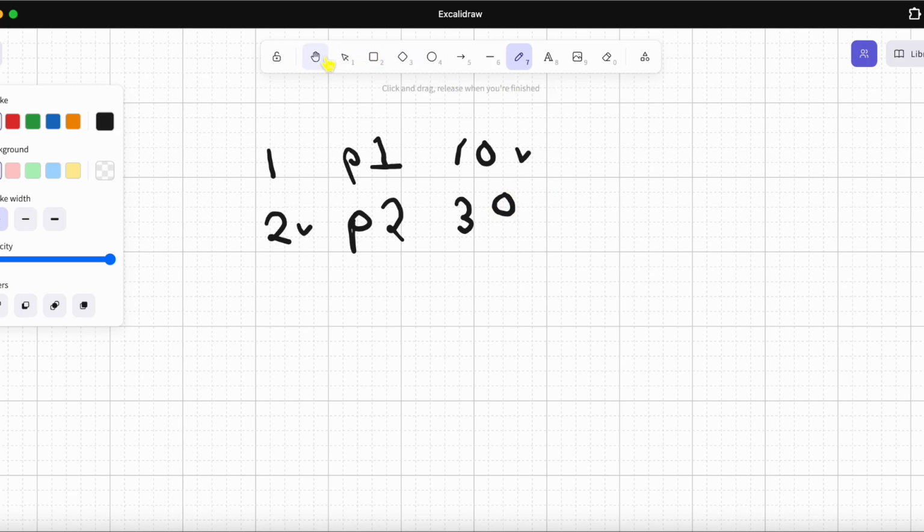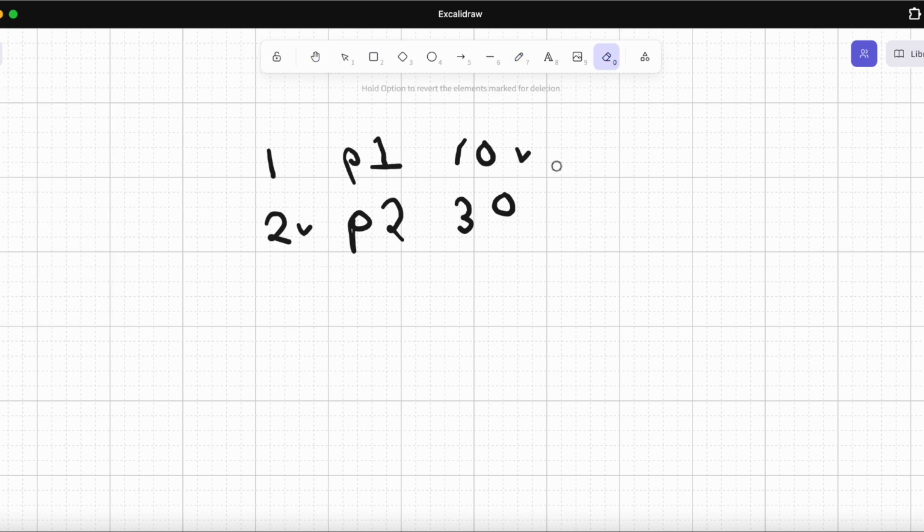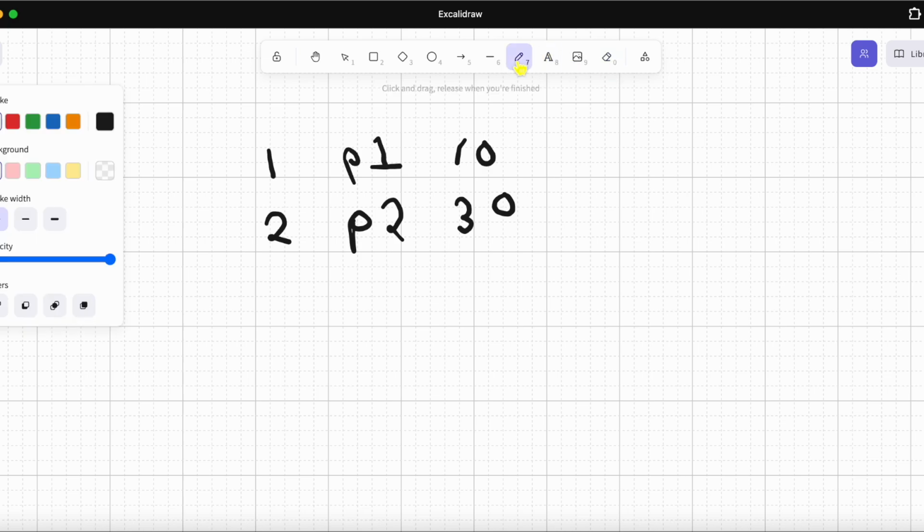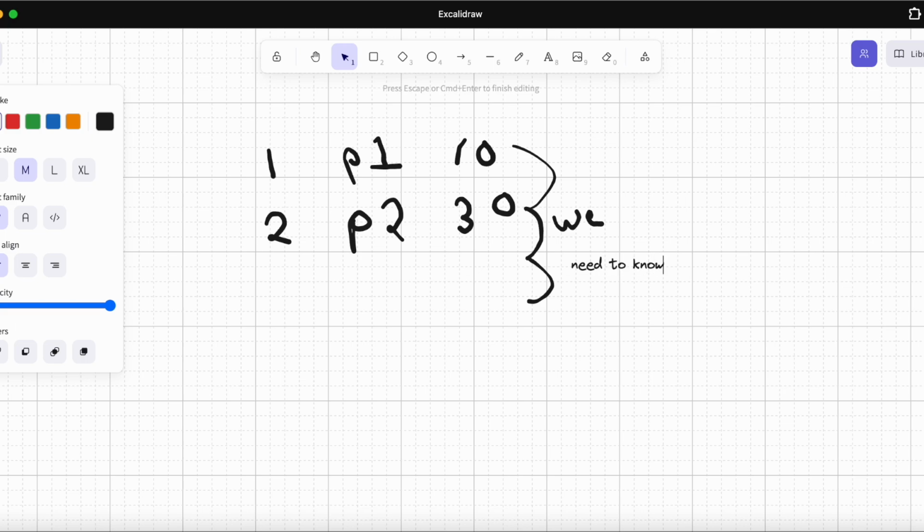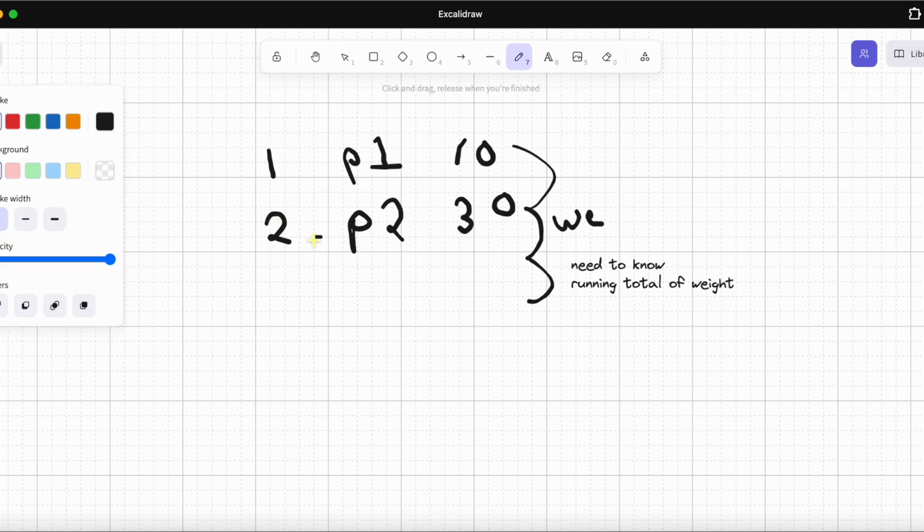The point is we want to have this so we're always aware of the running total of weight, and that's it really. We just need to know the running total of weight, and of course we always need to know what turn we're at.